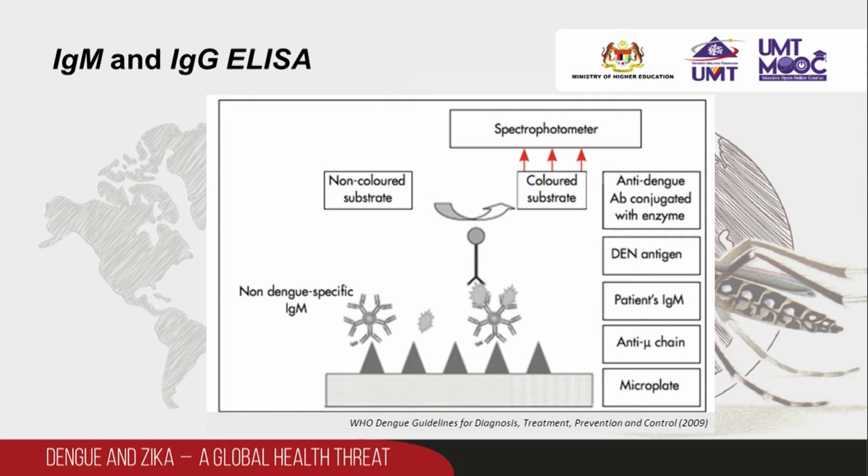In ELISA, the total IgM in patient serum is captured by anti-mu chain-specific antibodies, which are specific to human IgM, coated onto a microplate.